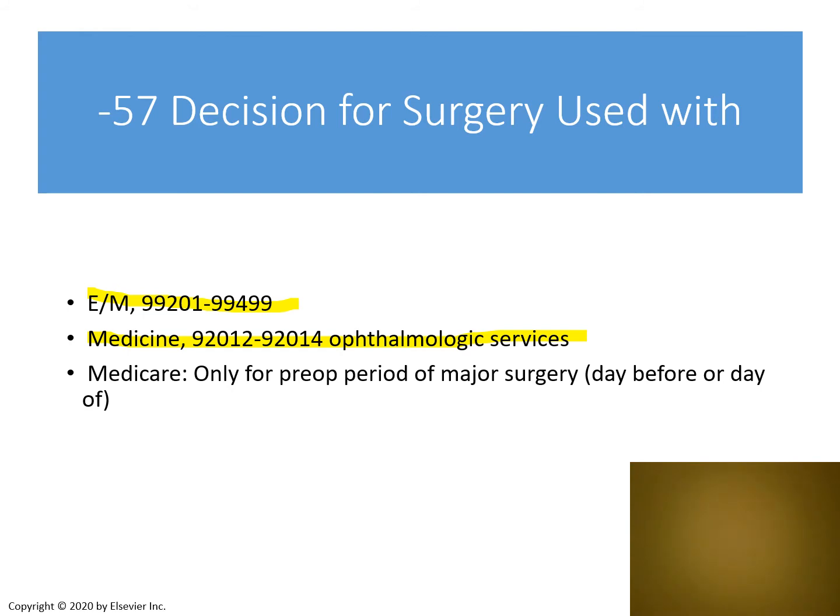We need to do a tonsillectomy, and I have time to do it this afternoon. So would you like to get it done? And the patient says, yeah. So that's within a 24-hour period. So you would bill the office visit with the 57 modifier, and then the tonsillectomy with whatever the code is for tonsillectomy.